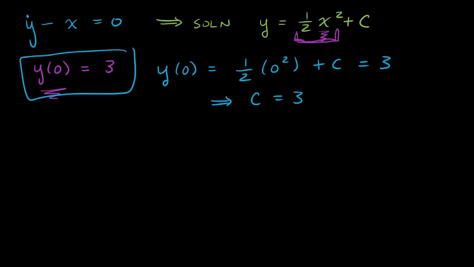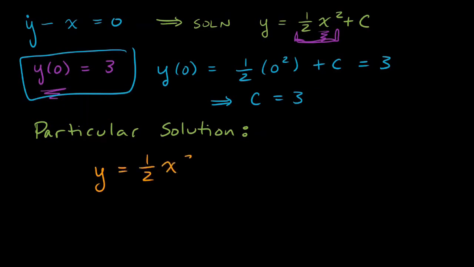So now I know that my particular solution, instead of a general solution, is given by y equals 1/2 x squared plus 3. If I take the derivative of that, I still get x. So it still satisfies the initial differential equation, and that always must happen.